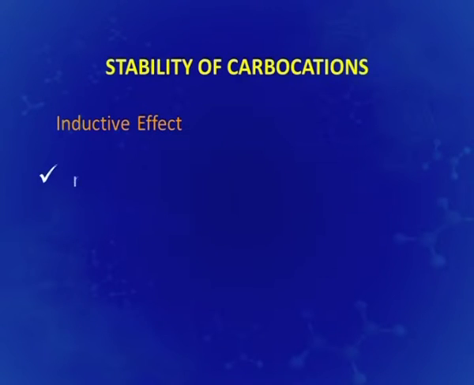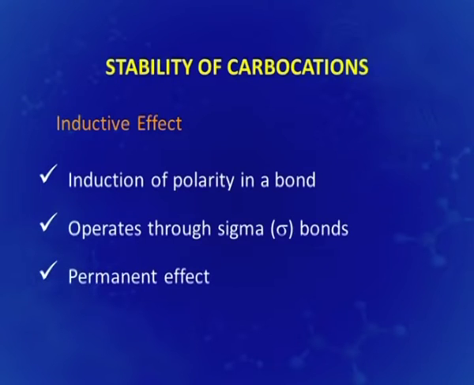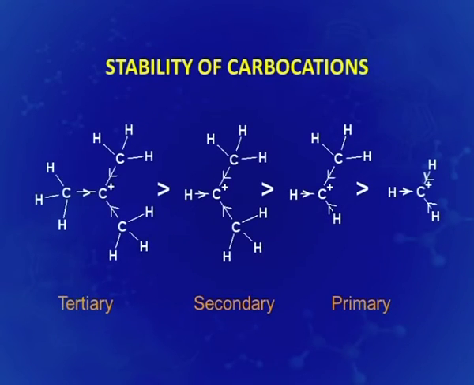In the previous episodes we talked about inductive effect. We would like to just have a recall of the facts with inductive effect. Inductive effect is the introduction of polarity in a bond. It operates through sigma bonds, is a permanent effect. So, let us look into the tertiary, secondary and primary carbocations.